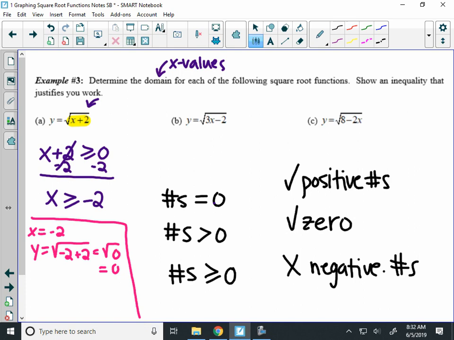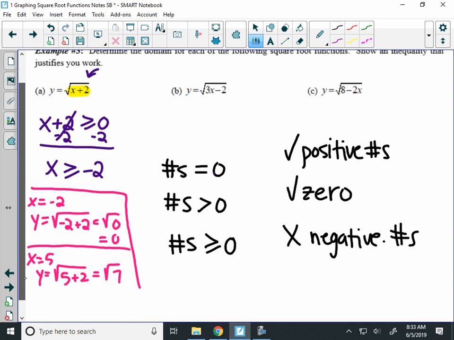That's allowed. We're allowed to have a square root of 0. If I took a number bigger than negative 2, let's try 5. If I made x equals 5, I would have y equals the square root of 5 plus 2, which is the square root of 7. I'm allowed to have the square root of 7.